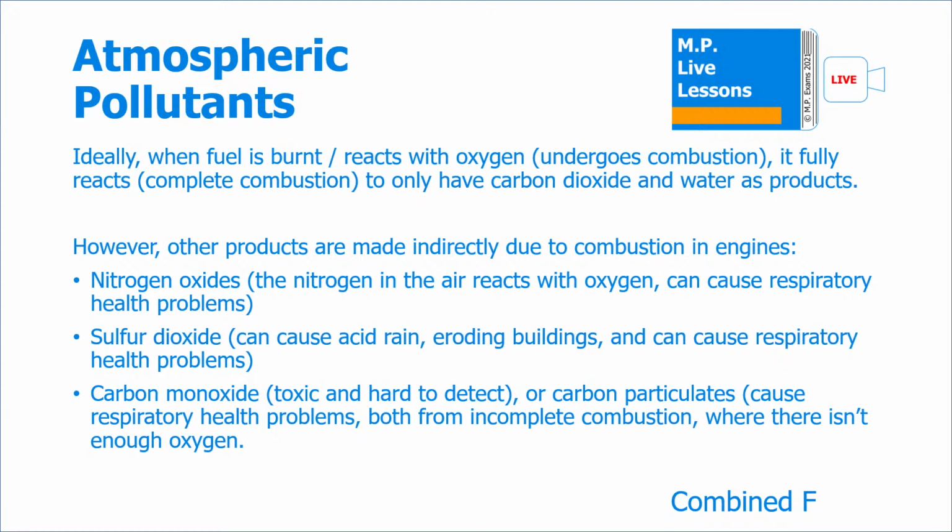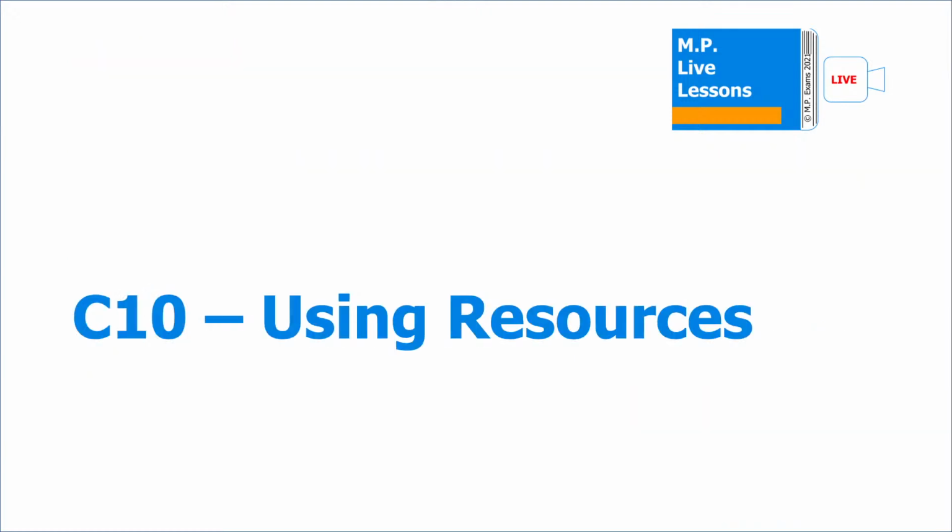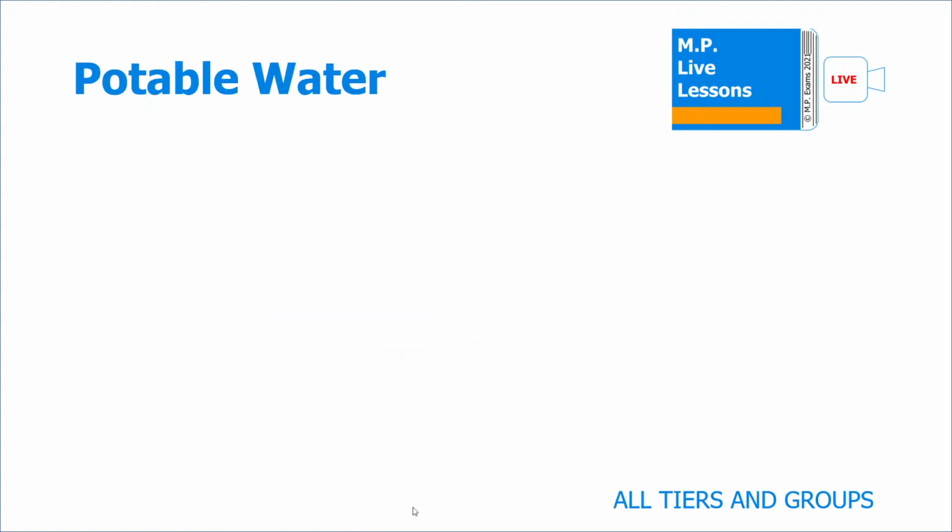Now that's the end of Unit 9, and we're moving on to the final unit, using resources. First, all tiers and groups need to know what's meant by potable water. This is water that is safe to drink.